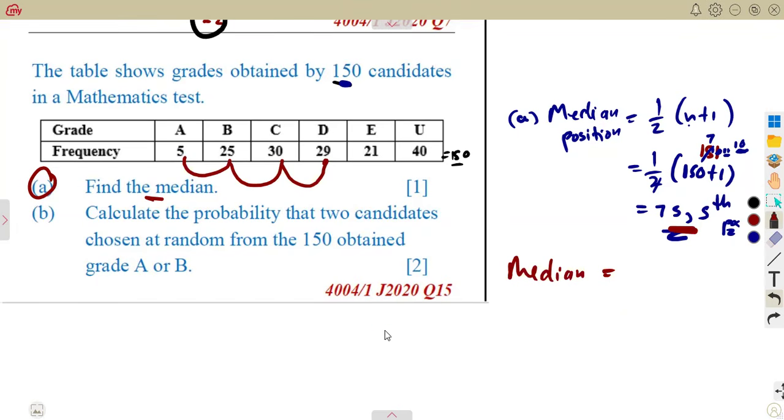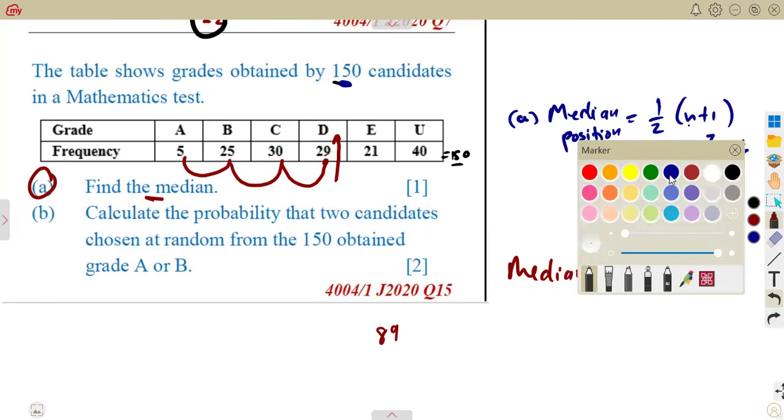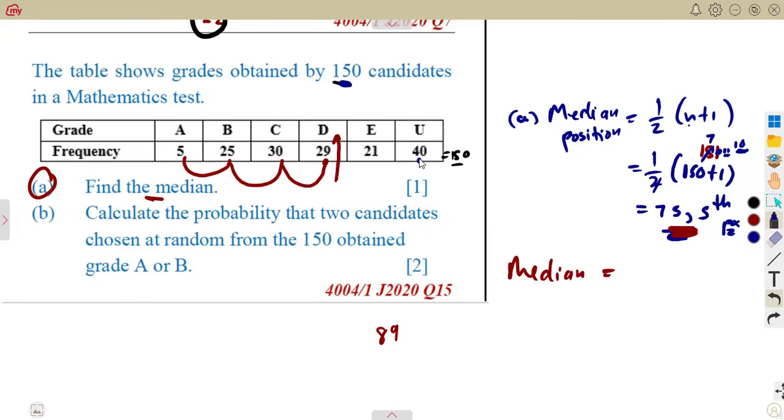As you can see, guys, 89 is more than this number. Position 75.5 occurs where the 89 is. The grade corresponding there is D.